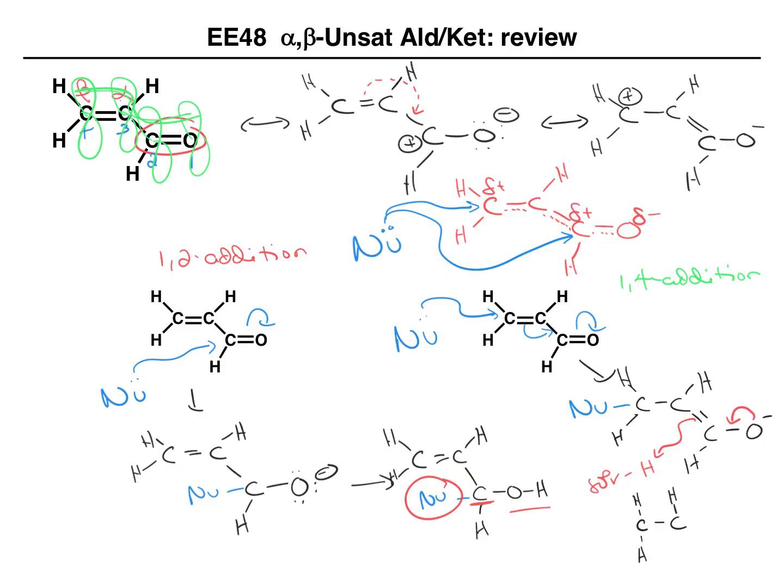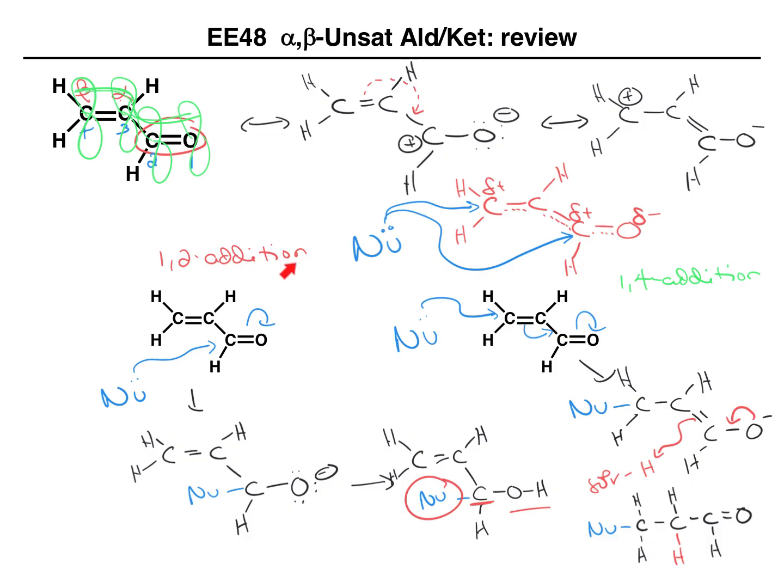So here is the additional hydrogen that the intermediate grabbed from the solvent. This is the carbonyl. And then here is where the nucleophile became connected. So overall, it means that a nucleophile and a hydrogen became connected to what used to be the alkene.